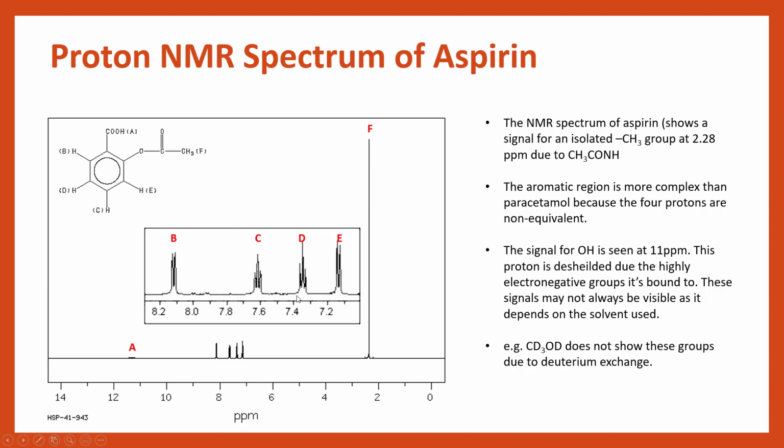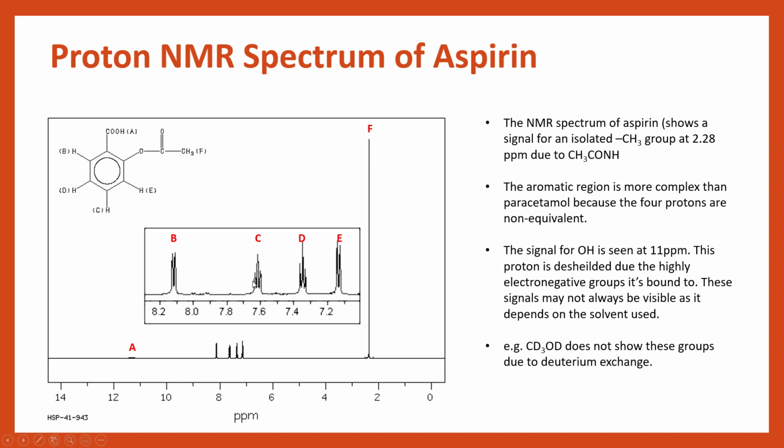At around 7.3 and 7.35, we have a triplet. That's D. Using our n plus 1 rule, n plus 1 is equal to 3, because we see 3 peaks. So whatever this represents must be beside 2 hydrogens, and that makes sense, because D here is beside 2 hydrogens.